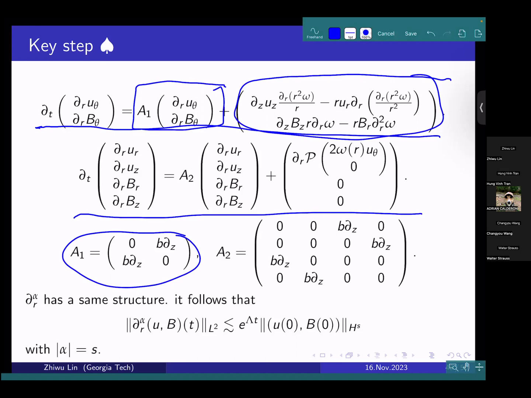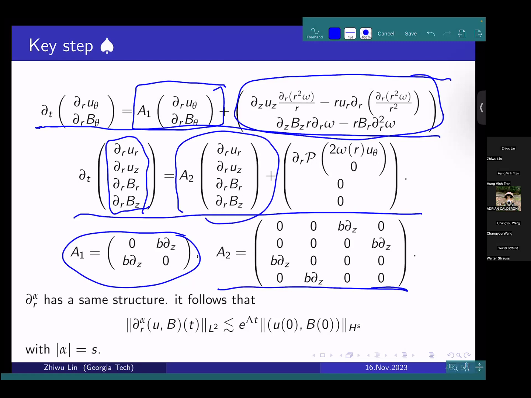Okay, so for this kind of anti-self-adjoint operator like A1, by the Stone theorem, the semigroup has no growth. So by Duhamel, you also get the growth estimate for partial_r u_theta and partial_r b_theta. And for the other r derivatives, we observe they also have a similar structure. This A2 is also an anti-self-adjoint operator.